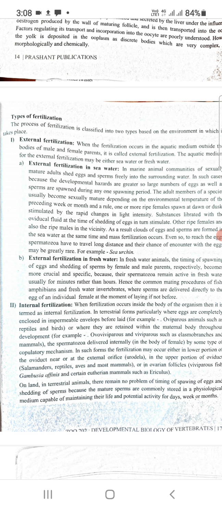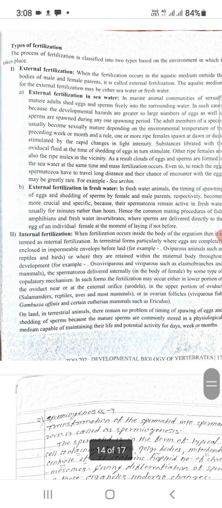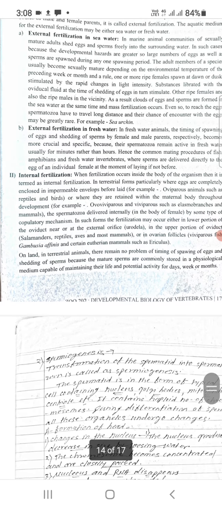If the egg and sperms are released in fresh water, it is called external fertilization in fresh water. And internal fertilization means the sperms enter the body of the female, and in the body of the female, the union of egg and sperms takes place to form the zygote.